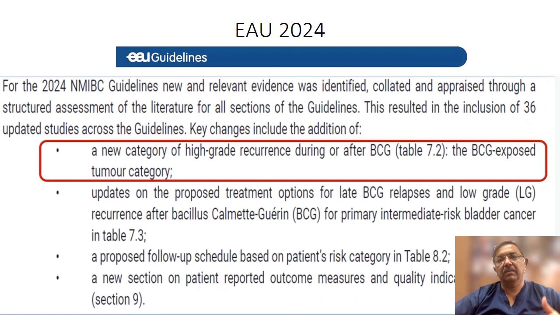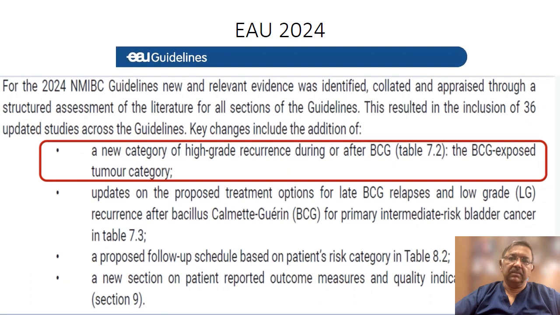BCG has become the de facto treatment option for aggressive non-muscle invasive bladder cancers. Anything more than intermediate risk, so very high risk cancers, is treated by BCG. BCG exposed patients now impose another new group of patients that we need to look into.